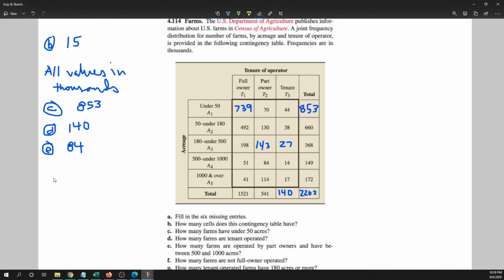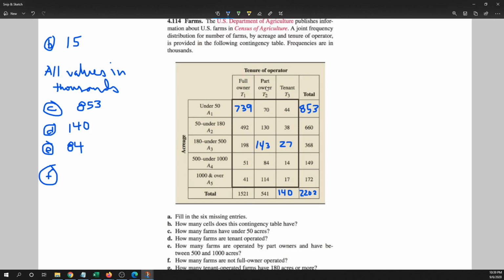All right, part F. How many farms are not full owner operated? All right, so full owner is here, and we have that total, but we want farms that are not full owner operated.